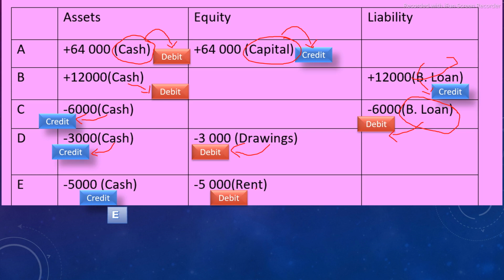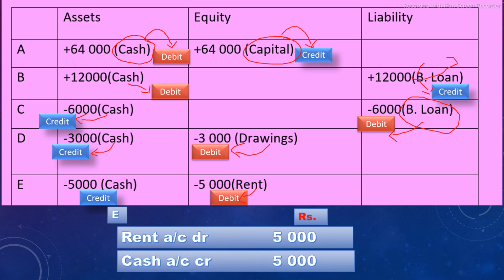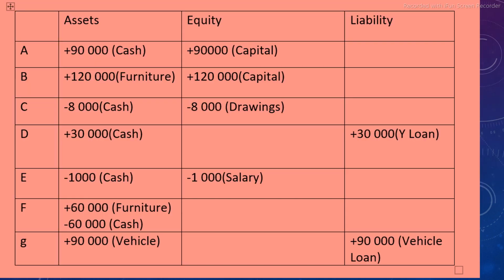So rent account debit 5,000 rupees. No minus in front of 5,000 when you write the answer here, right? Cash account credit 5,000. I hope you understand. Okay, let's go to another question and see.